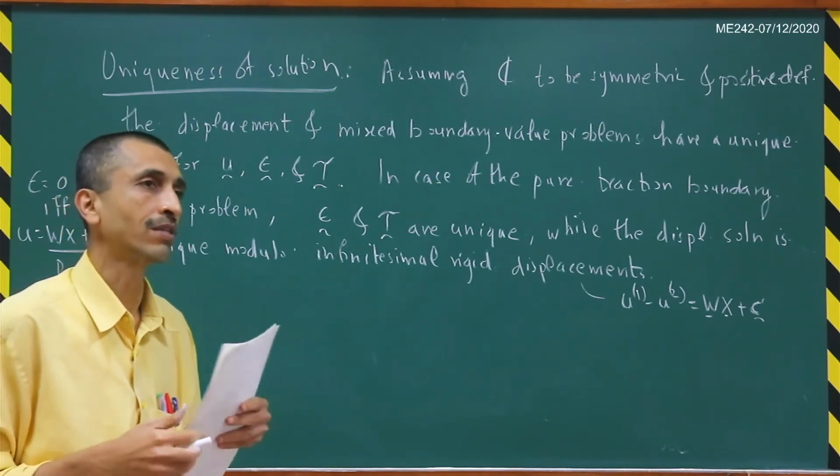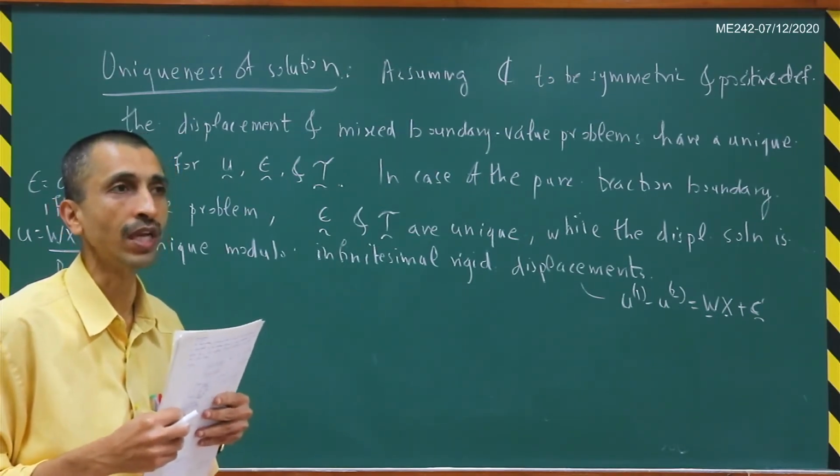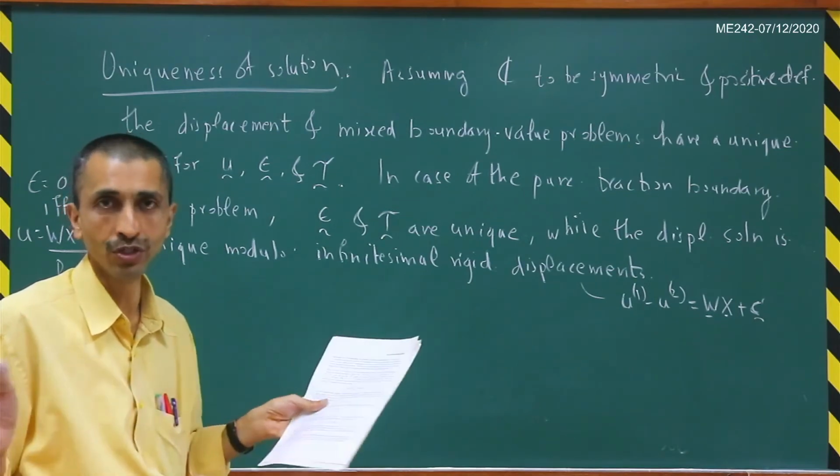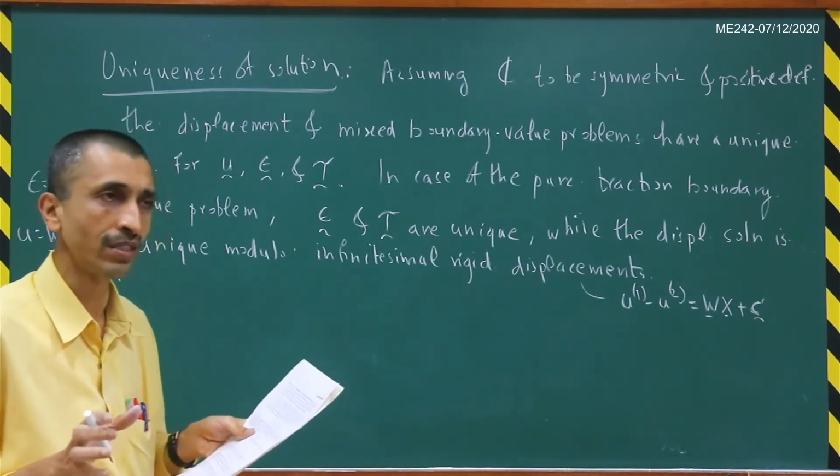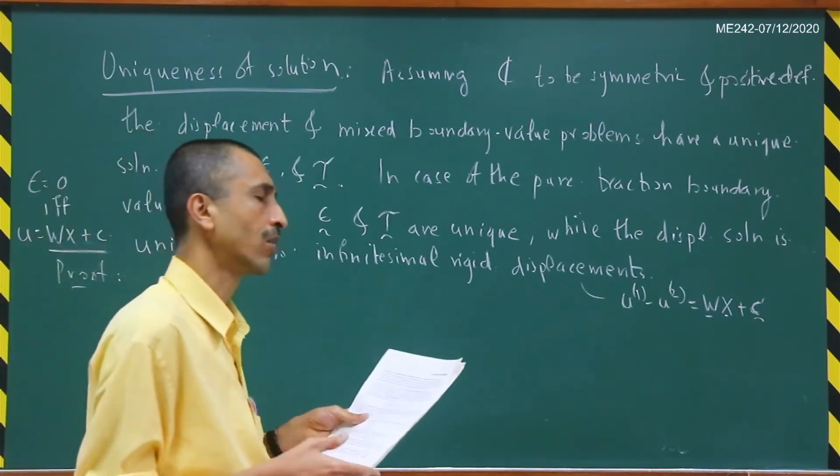Typically the strategy for showing that a solution is unique is that we assume two different solutions and then show that the difference between those two solutions is 0. That is the typical way we show uniqueness of solutions.